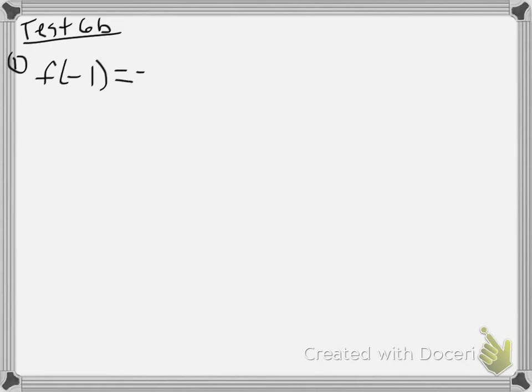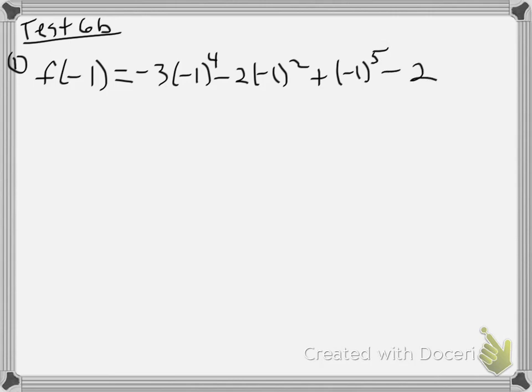You've got the function on your paper, f of negative 1. It was negative 3x to the 4th, so I'm going to put negative 1 all to the 4th. This is important to use parentheses. Minus 2x squared, so negative 1 squared, plus x to the 5th. So it's negative 1 all to the 5th, minus 2.